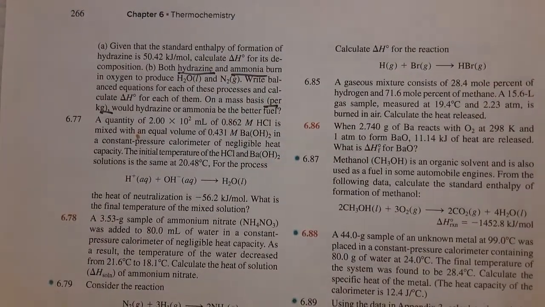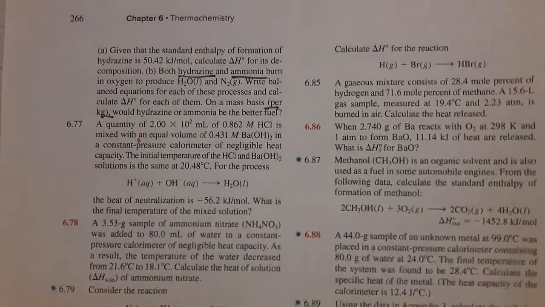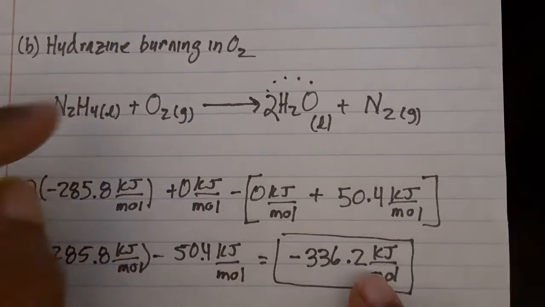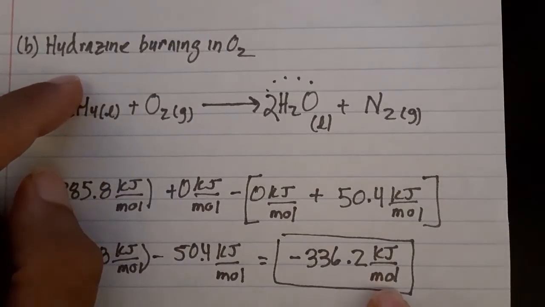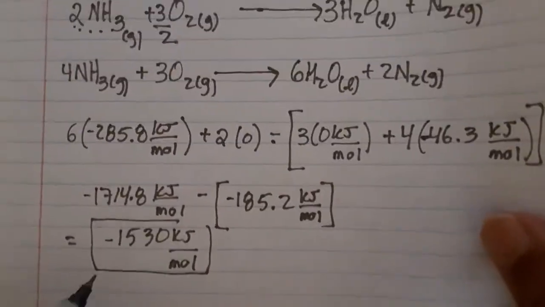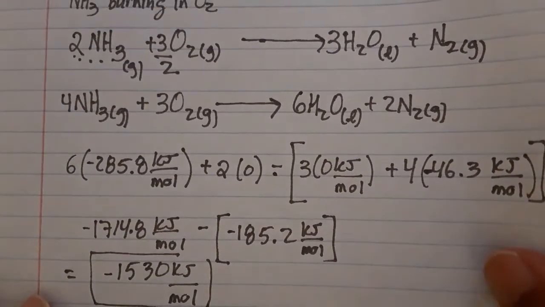Both give off heat, so both are good fuels. In terms of the magnitude of heat per kilogram, which is the better fuel? So this is per mole of hydrazine. Let's convert that to per kilogram of hydrazine. And this is per mole of ammonia. Let's figure that out per kilogram of ammonia.